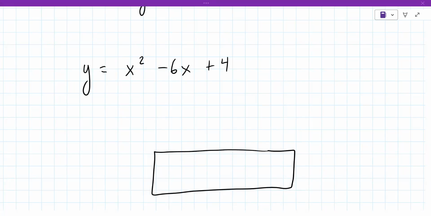So x squared minus 6x equals negative 4. Plus 9, equals negative 4 plus 9.